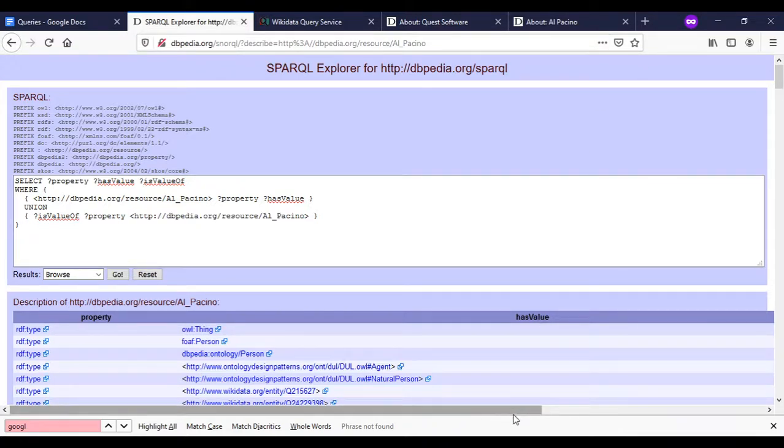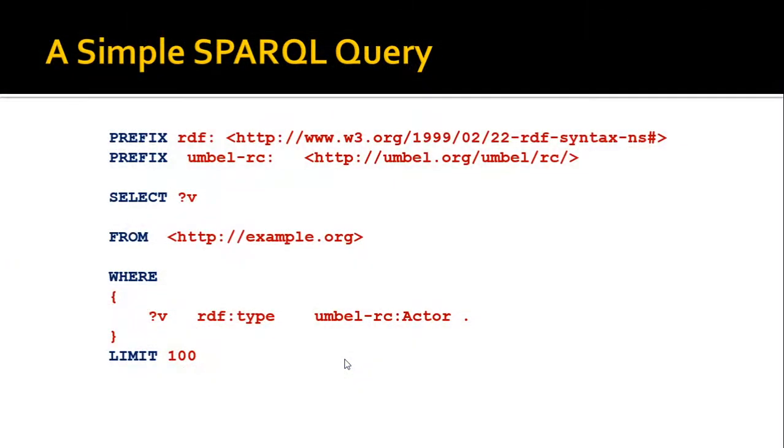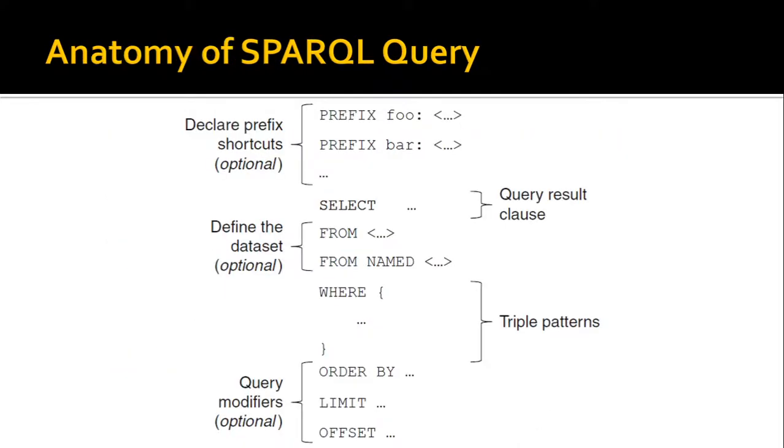So coming back to this presentation. Now let us look at the anatomy of a SPARQL query. Right, so what we have in a SPARQL query. In the first place, you can have a set of prefix definitions, right? These prefix definitions are basically the namespace definitions.